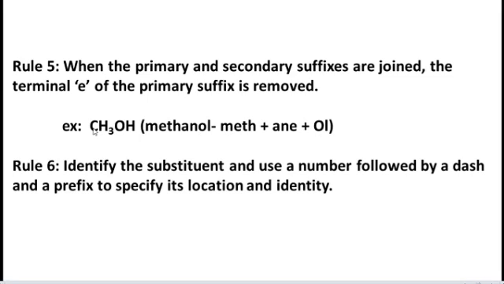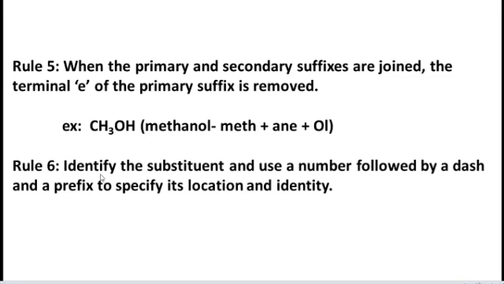So the name of the compound is meth plus ane plus ol. Here only the E is to be removed, so remove the letter E, that is methanol. The name of the compound is methanol.